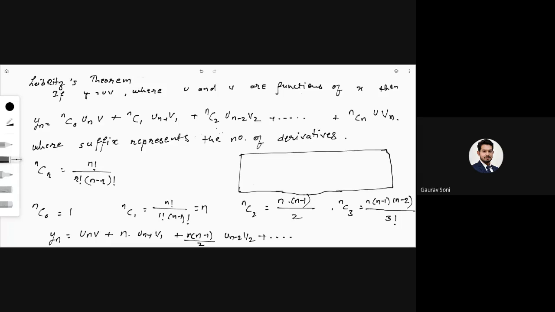A very important remark: Leibniz theorem is useful when u or v is a polynomial. Now, which one is to be chosen as a polynomial?